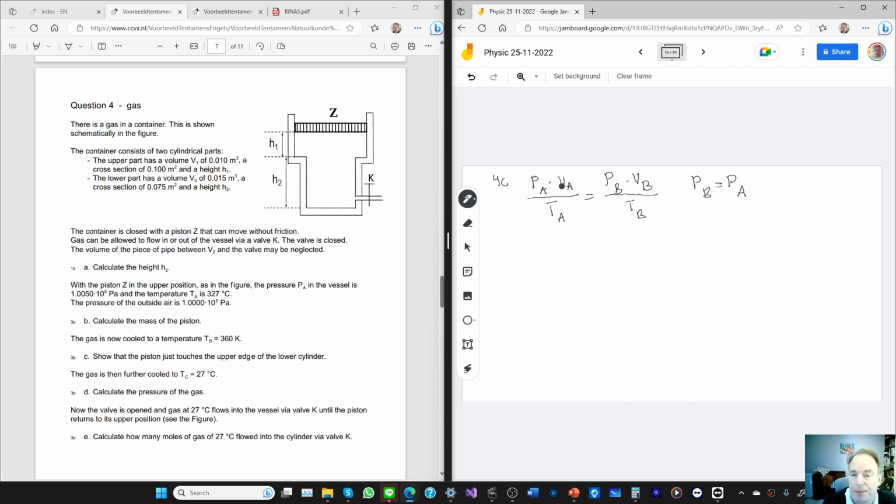This is one of the other gas laws, but you can just start with the ideal gas law and figure it out. So we get the volume in state B is just equal to the temperature in state B divided by the initial temperature times the volume A.